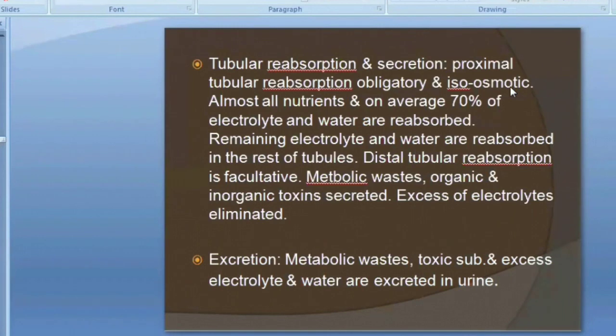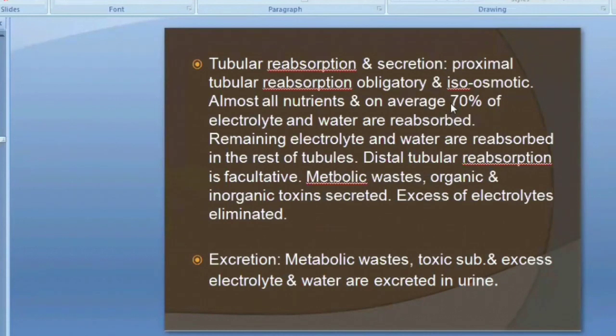It is again isosmotic. Why isosmotic? It is isosmotic, that means equal quantities of nutrient and water. Equal quantities, that means almost 70% of the electrolytes are reabsorbed, and 70% of water is also reabsorbed. Is it clear? Regarding nutrients, I'm coming.